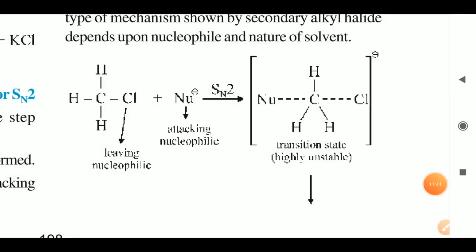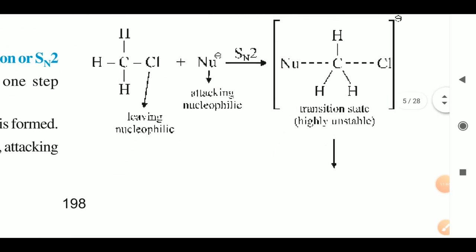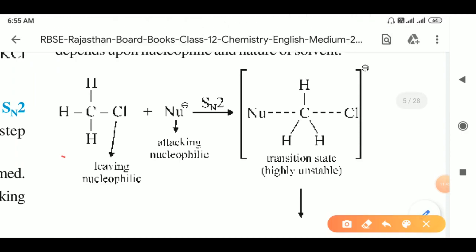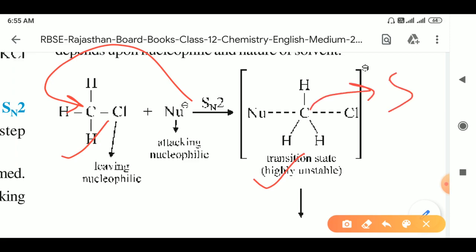That is the overall reaction, where CH3Cl reacts with a nucleophile, which attacks from the back side of the carbon atom, giving a transition state where the carbon atom is pentavalent. So that transition state is highly unstable. The reaction is complete in only one step.